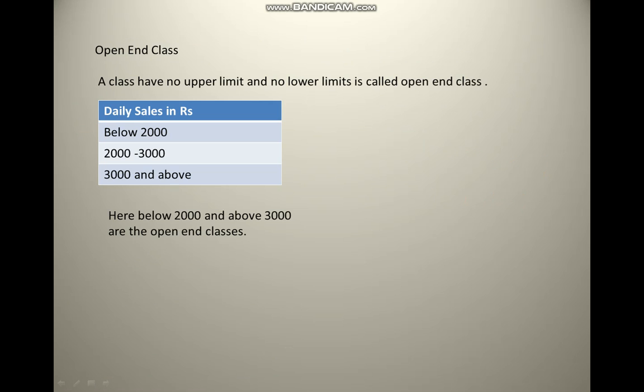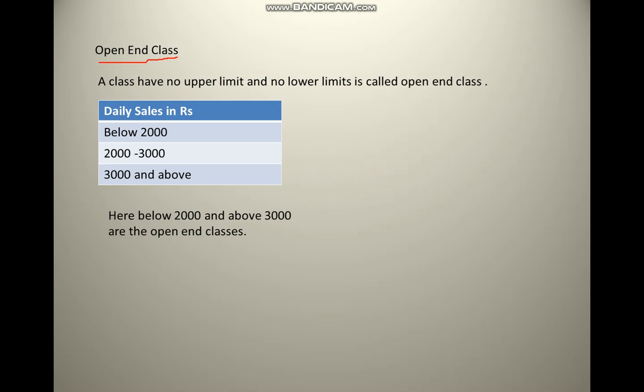Here open end classes. Open end class means a class that has no upper limit or no lower limit. So here the example given is below 2000, 2000 to 3000, 3000 and above. Here no lower limit, and here no upper limit.